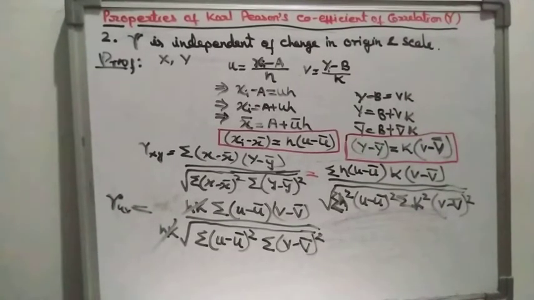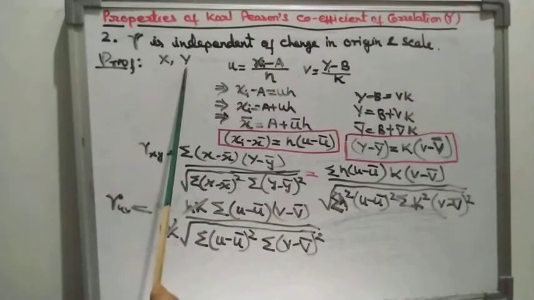That means it is independent of change of origin and scale. It doesn't matter how much scale or how much origin you have changed, after taking this new variable, if you apply the same formula, just writing u in place of x and v in place of y, you will get the same answer, whatever is the answer of the original variables x and y.